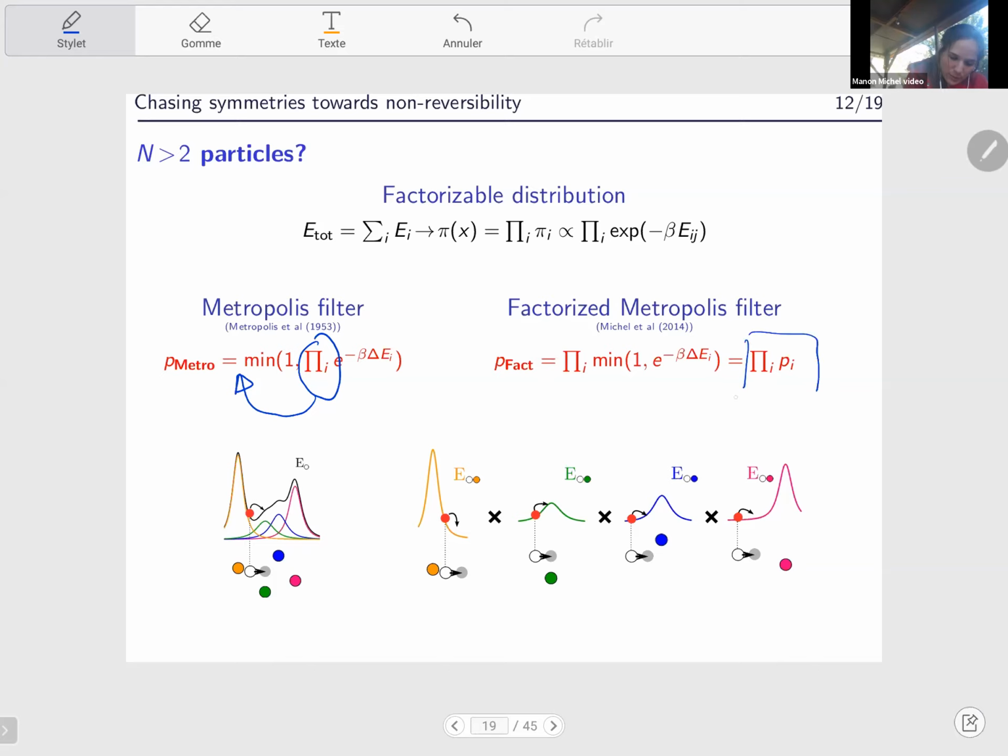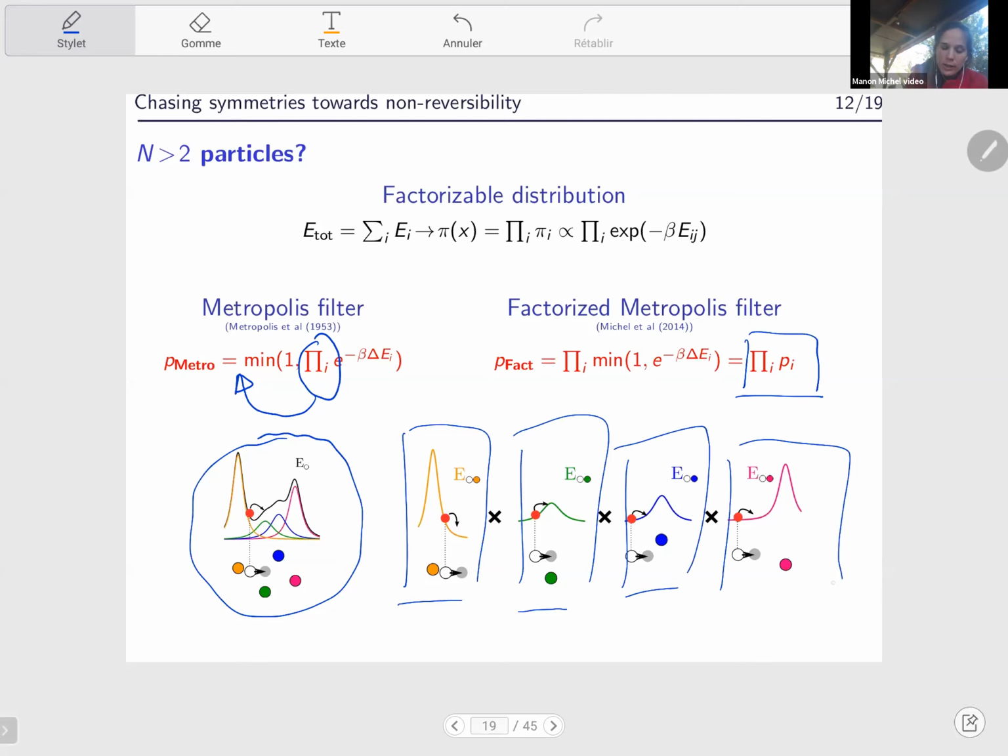So we end up with a product of independent probabilities. Instead of having these global pictures where it's hard to tell what's going on, now we have these clear pictures of symmetric interaction. This has a cost because the rejection rate will be higher, but because when we have a rejection we are just pushing the other sphere away, it's not a problem.